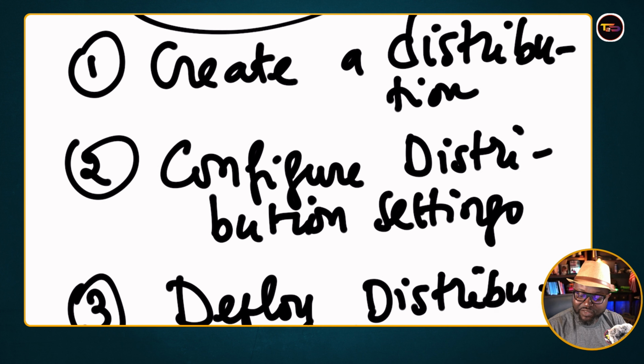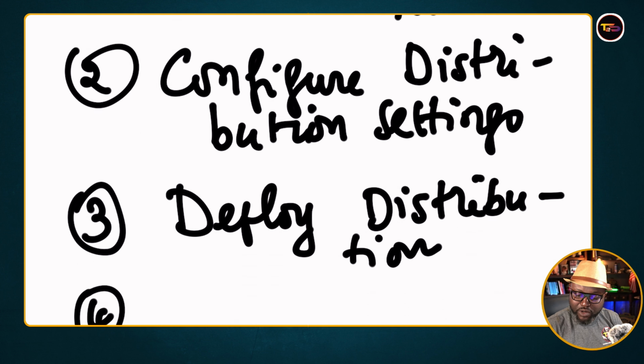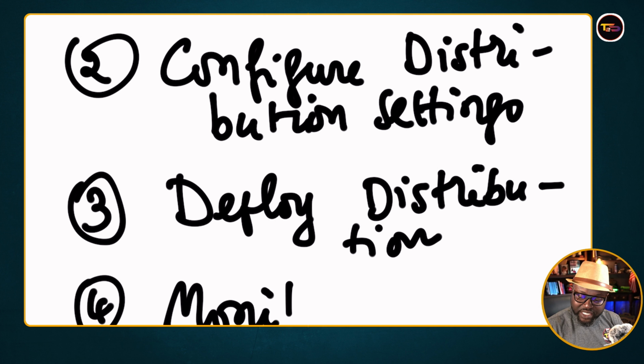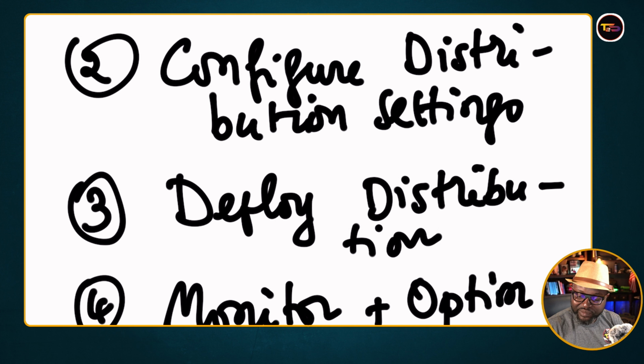So this is kind of what you have to do, and of course, for a lot of resources, if not all of them, you're going to need to monitor and optimize. You use CloudWatch, which is a log and monitoring resource that we have on our system.